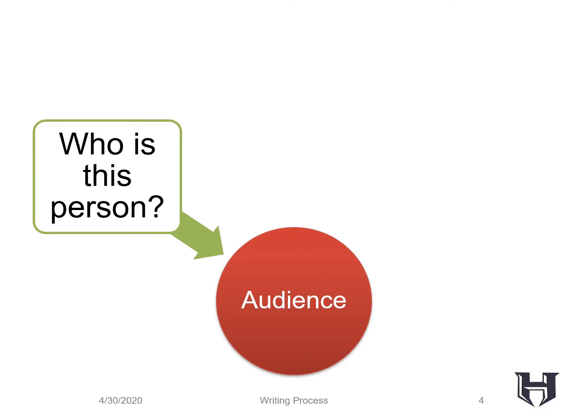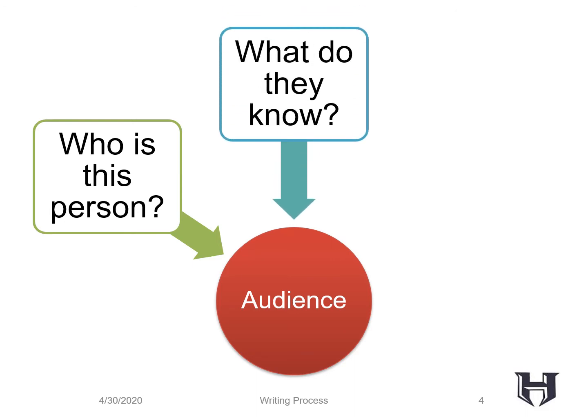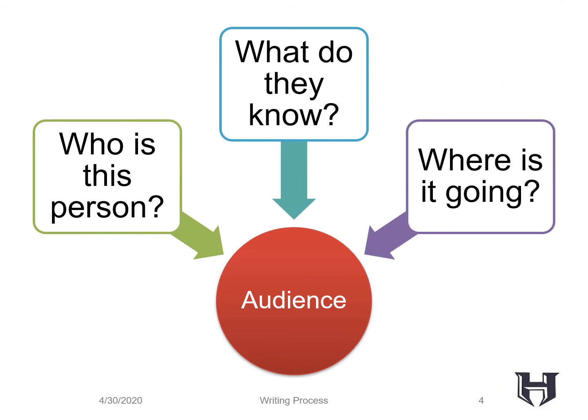You're going to write those things differently. What does this person know about the topic? What does this person need to know about the topic? And where is this going? Is this going to be a paper you turn in? Is it going to be something that your friend reads and then immediately deletes? Where is it going?